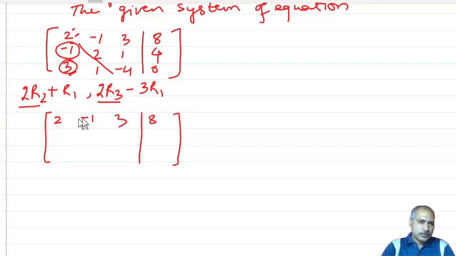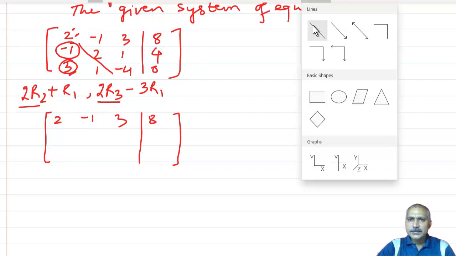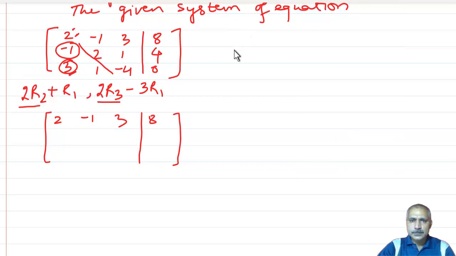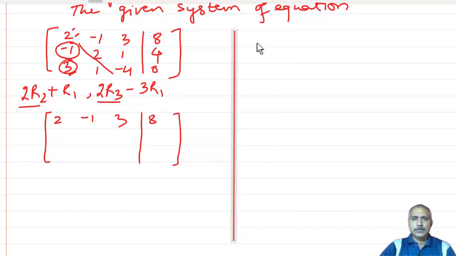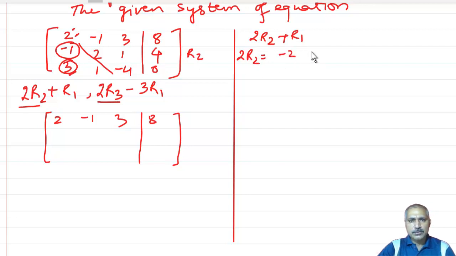Now we will do the rough work for that. The first operation is 2 times r2 plus r1. We multiply row r2 by 2, it will become minus 2, 4, 2, 8. Now we write the r1 elements: 2, minus 1, 3 and 8.